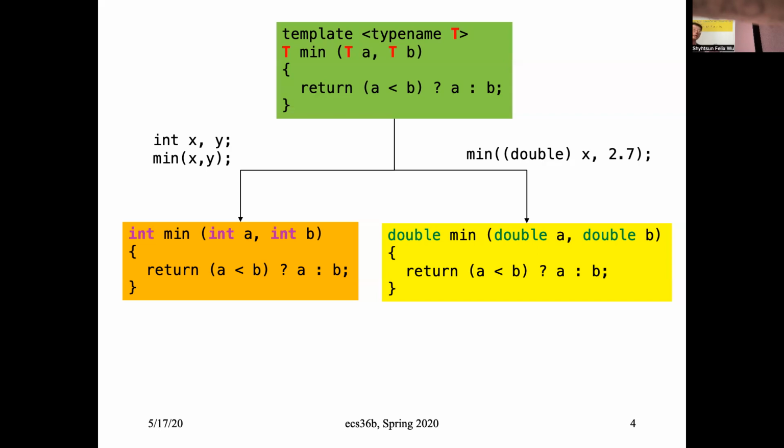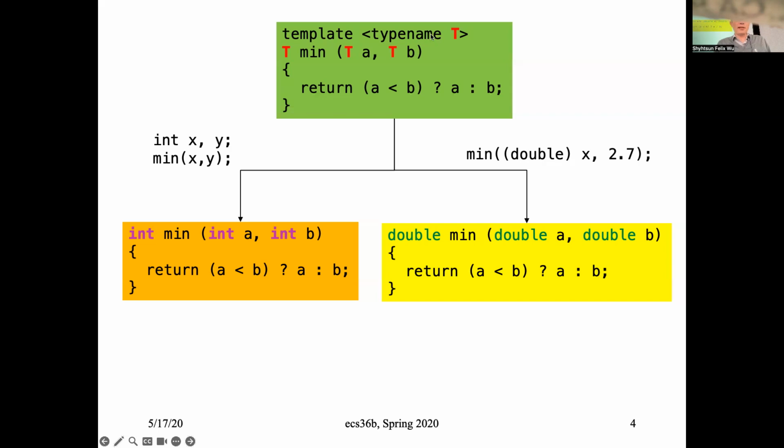Then, instead of defining each function individually, I create one template and use this template to create whatever function I would like to have with the appropriate type. Okay, so let me show you an example of how I get it to work.